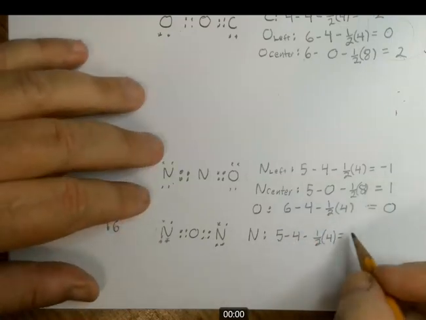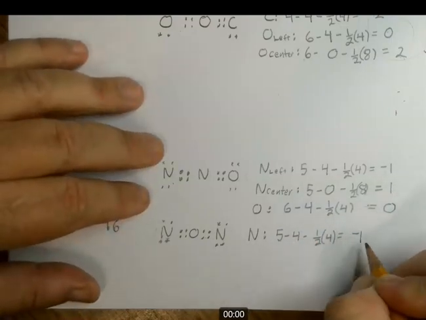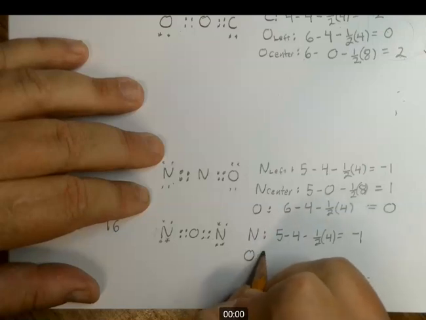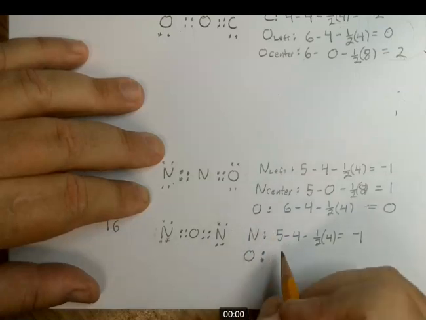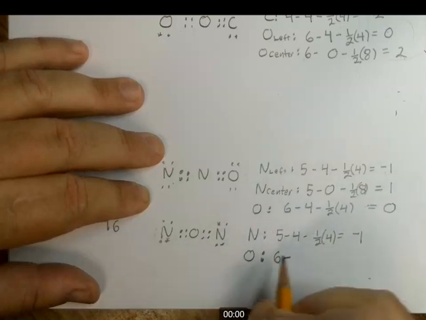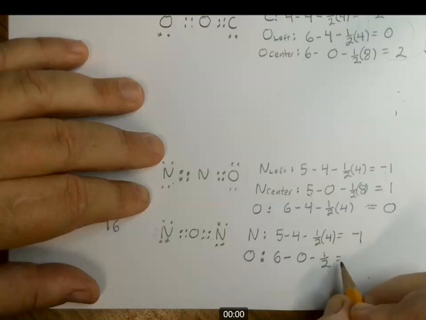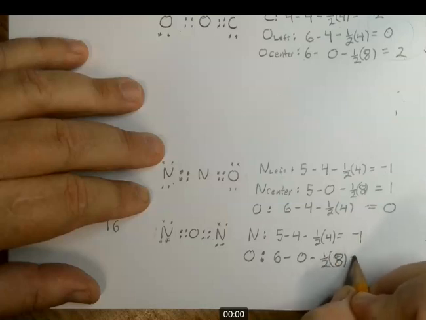Okay, so 5 minus 4 is 1, minus 2 is -1. And then the O is going to be 6 minus 0 minus 1/2 of 8, that's 1/2 of 8 equals 2.